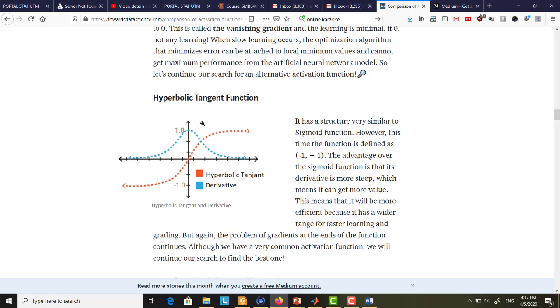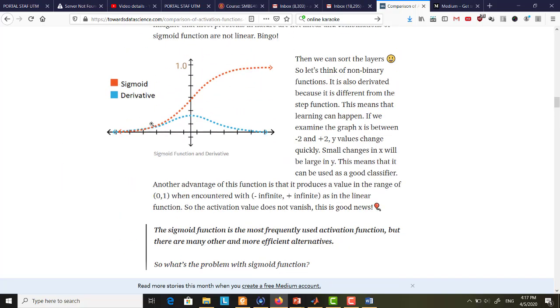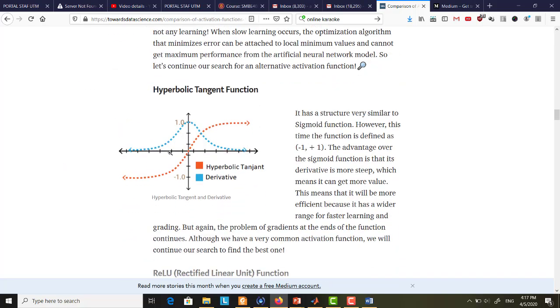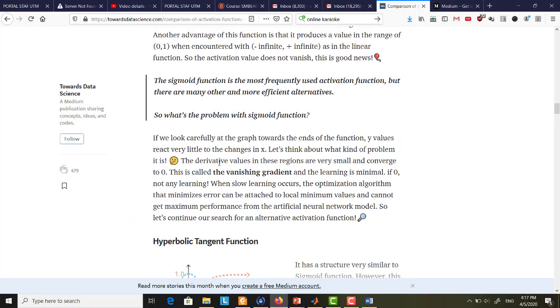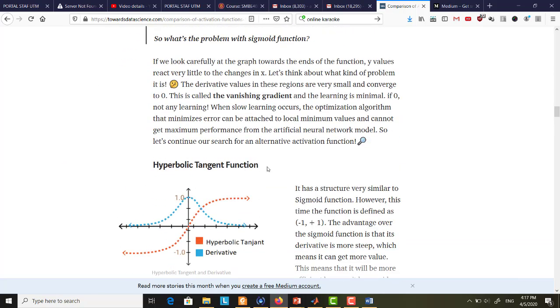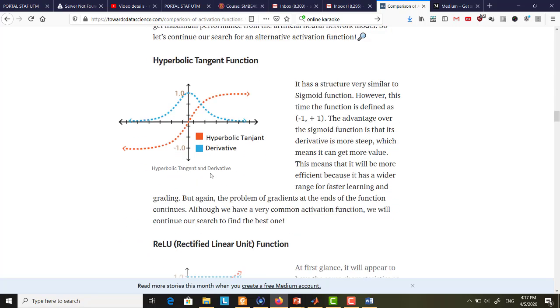You can see that for this one the range is from 0 to 1, but this one has a wider range, from -1 to 1. Once you do that, you will have a big value on this one, but it still suffers from vanishing gradient, just a little bit better than sigmoid.